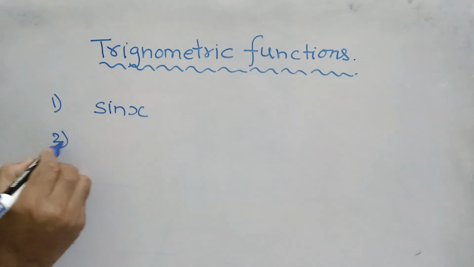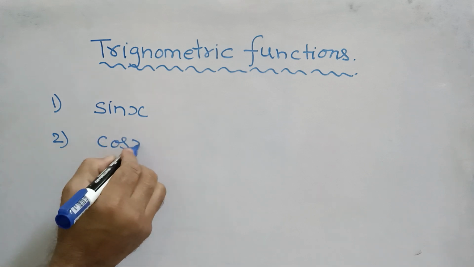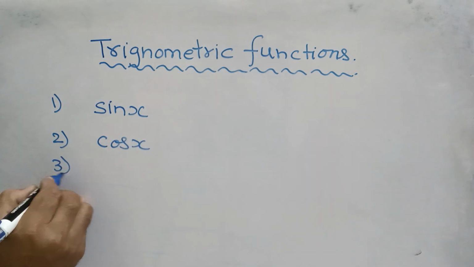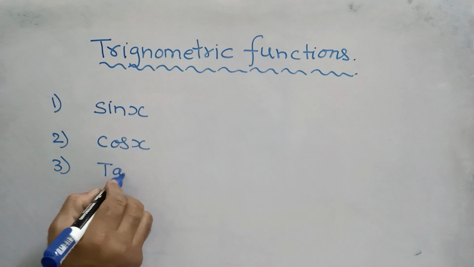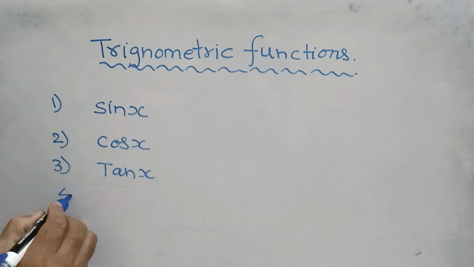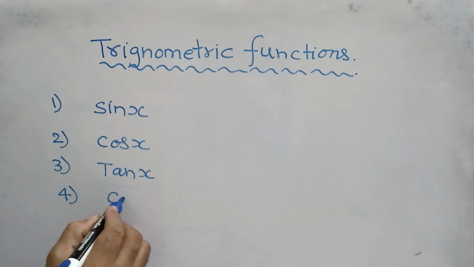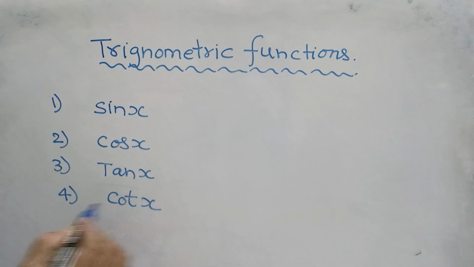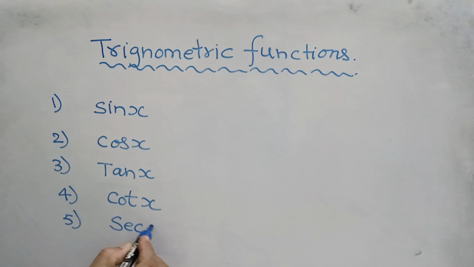What is the second one? The second trigonometric function is cos x, and the third one is tan x. The fourth function is cot x, the fifth one is secant x, and the sixth one is cosecant x.